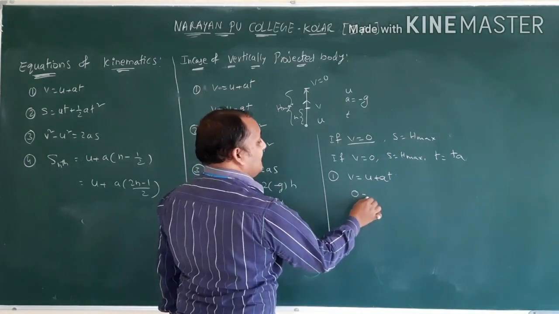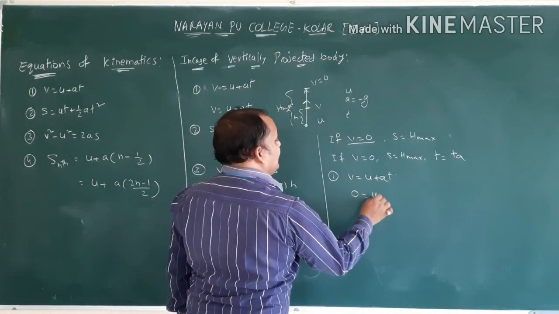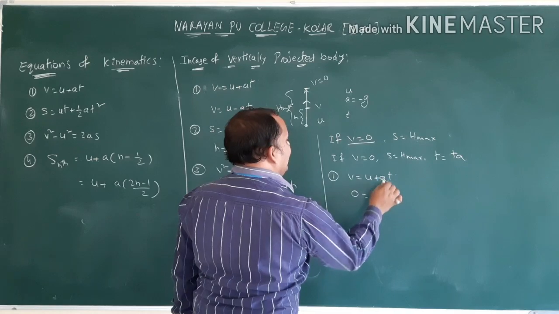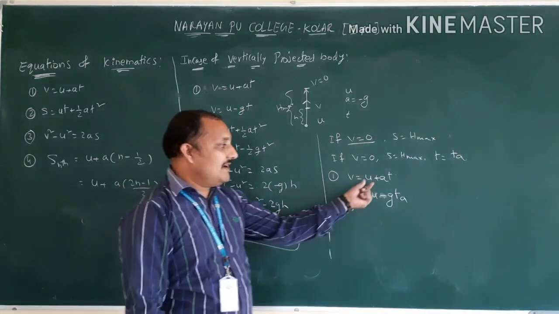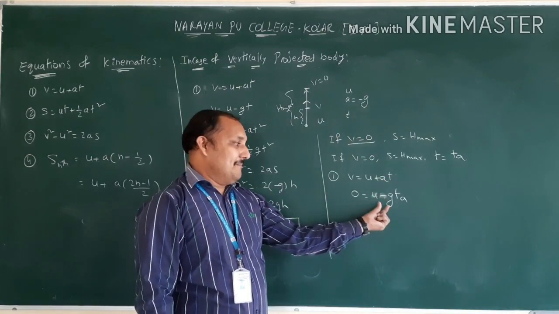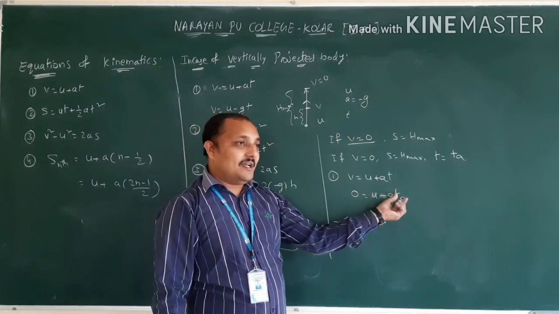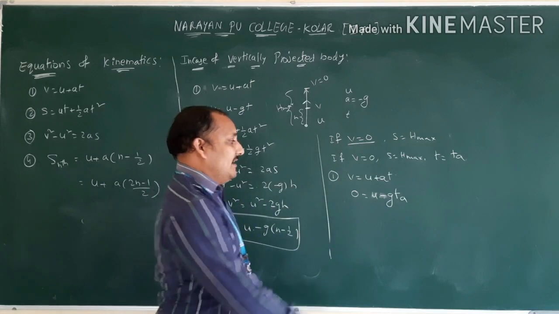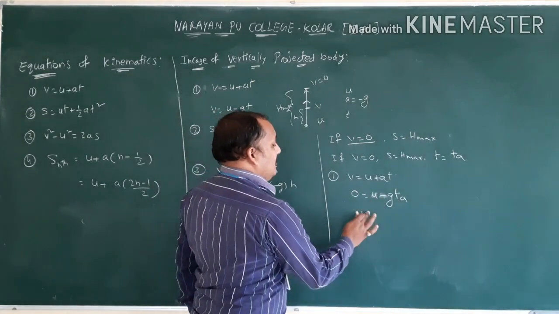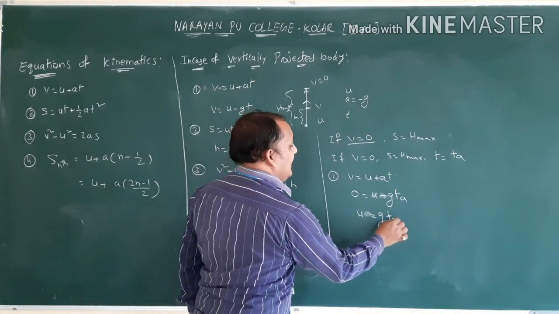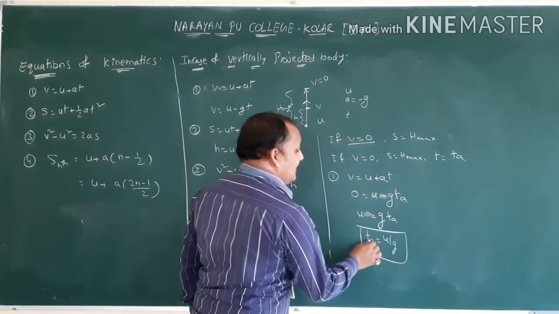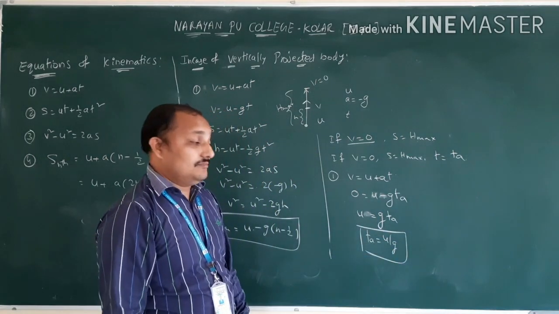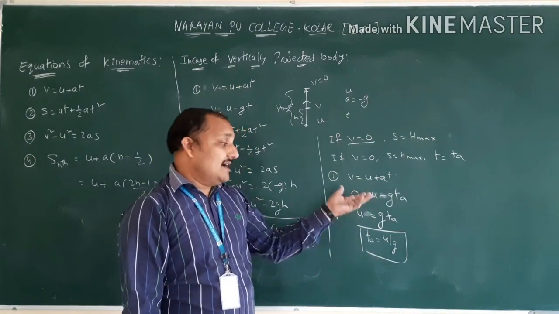Final velocity is 0, that is u plus, a value is minus g, ta. For a vertically projected body, a is always minus g. Why did I write ta? Because it is reaching maximum height. Then u is equal to g ta, so ta is equal to u by g. So what is this ta? Time of ascent. How much time will it take to reach the maximum height?